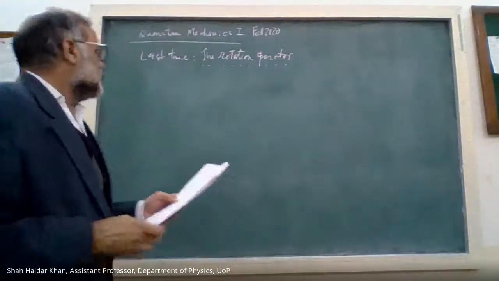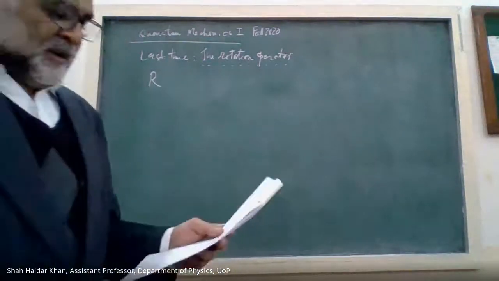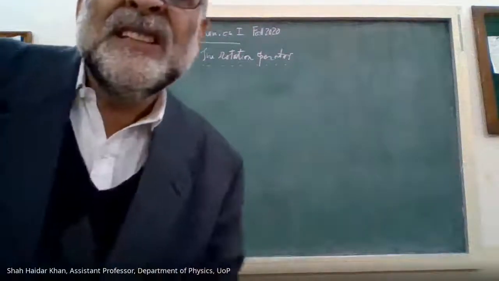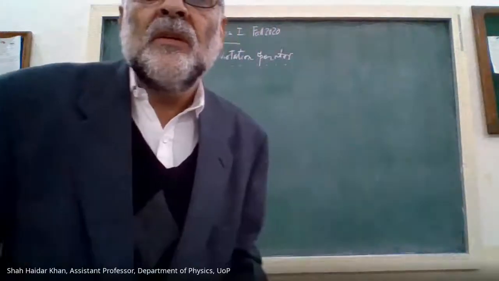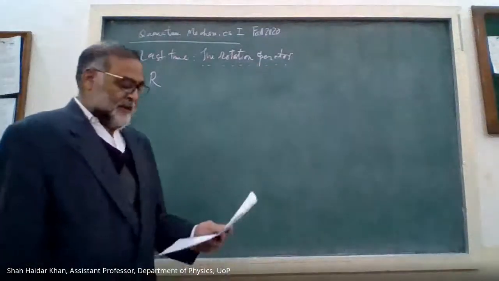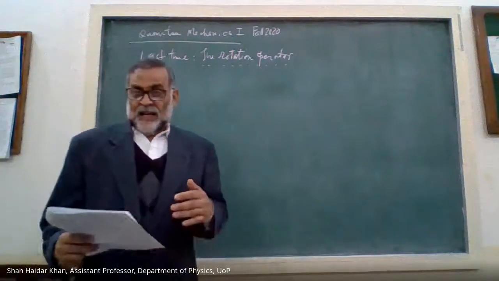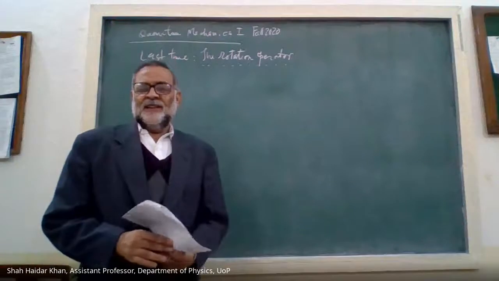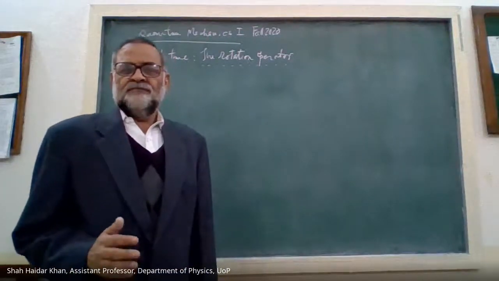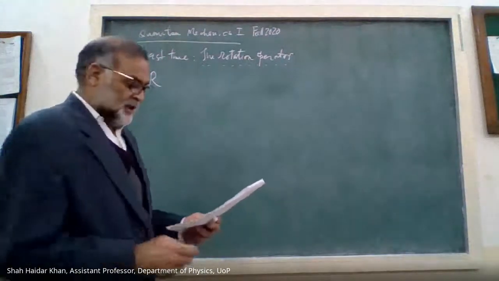And we denoted it by R. If you remember, we said if we have a three-dimensional system, with I, J, and K, and suppose we rotate about I in the anti-clockwise direction, right?